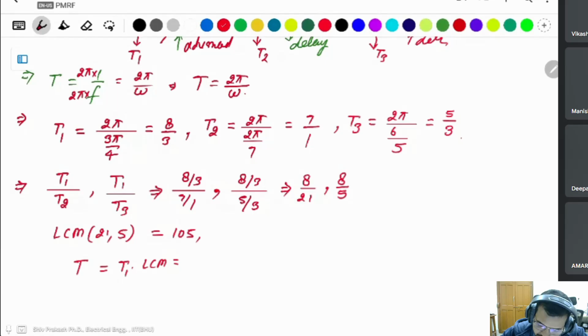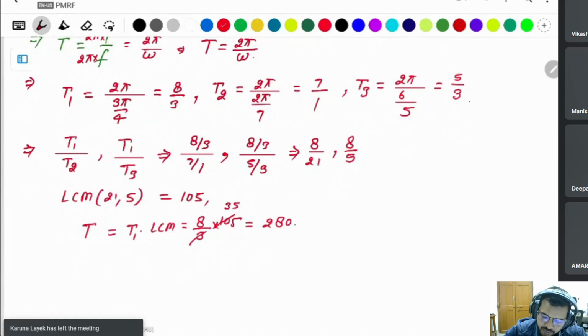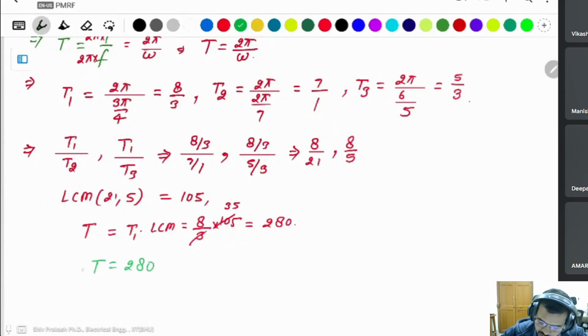T1 is 8 by 3 into 105. To solve this, 35, 3 times 35 is 105, so 8 times 35 is 280. From here you can say the time period is 280.